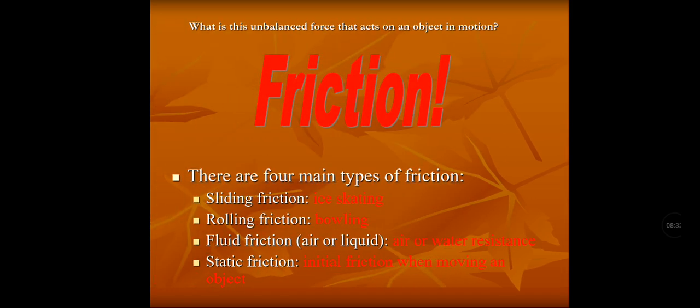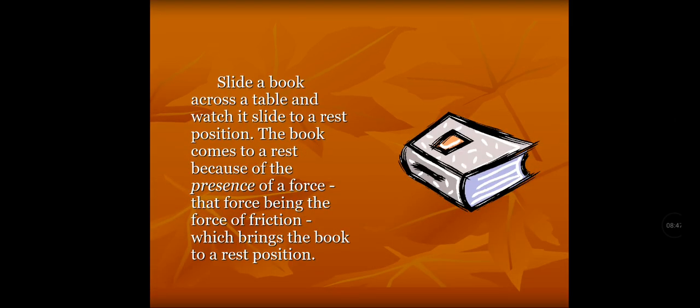Right? Now what is friction? Friction is also a force. There are four main types of friction: sliding friction, rolling friction, fluid friction, and static friction. Slide a book across a table and watch it slide to a rest position.